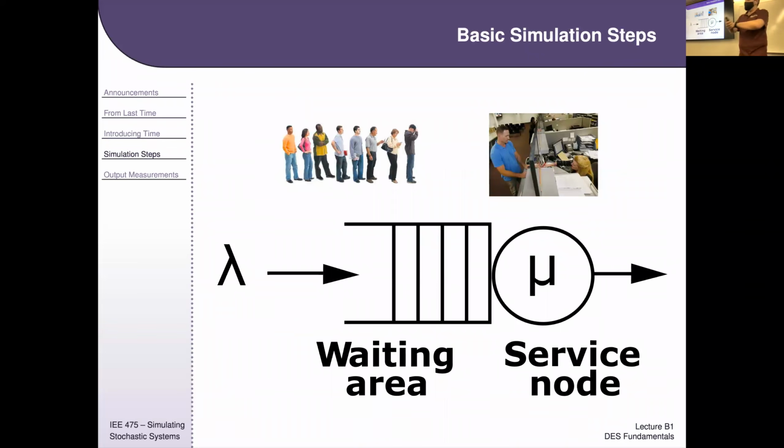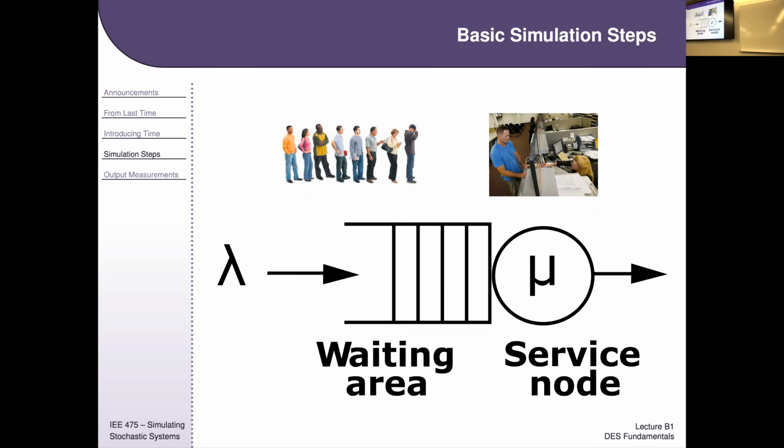All right, so as you're doing this homework, let's step through the basic steps that you're going to be working with here. The homework and the lab are both versions of a single server queue, where you've got a single channel that is generating arrivals, a single server that is processing them, and a queue that is allowing them to queue up.